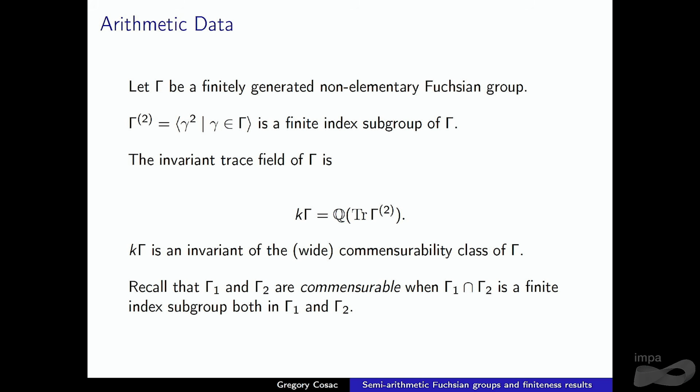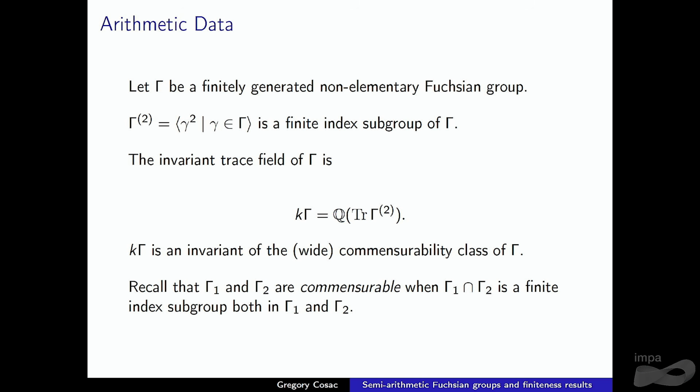From here on out, I will assume that gamma is a finitely generated non-elementary Fuchsian group. Then gamma squared is the subgroup generated by the square of every element of gamma. And when gamma is finitely generated, the subgroup will have finite index in gamma.